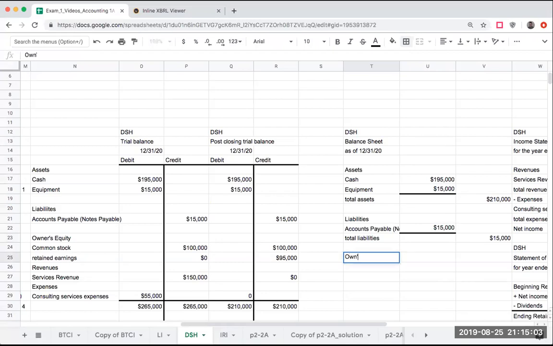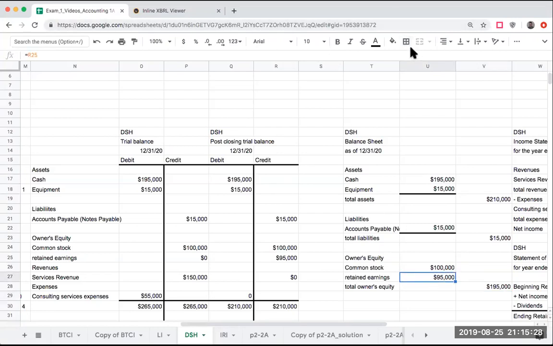Lastly, I'm going to have owner's equity, where I will have common stock and then retained earnings. So here my common stock is 100,000. My retained earnings is going to be 95,000. So my total owner's equity is going to be 195,000.